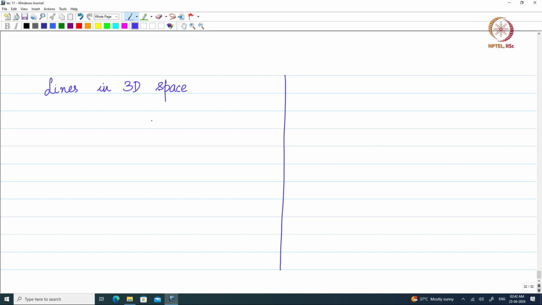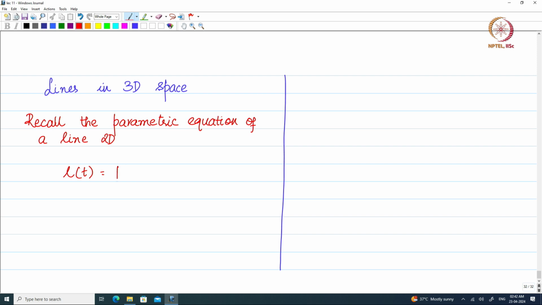Now, before we get into this, let's recall the parametric equation of a line in 2D. There, if we recall, we have this L of t, which was given by a particular point, say P, plus a scalar multiple of the vector v.